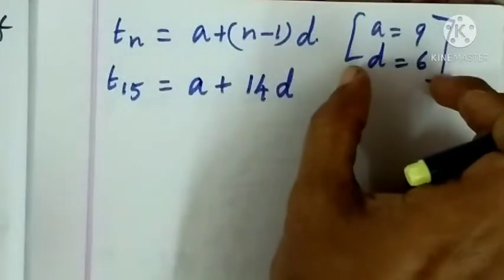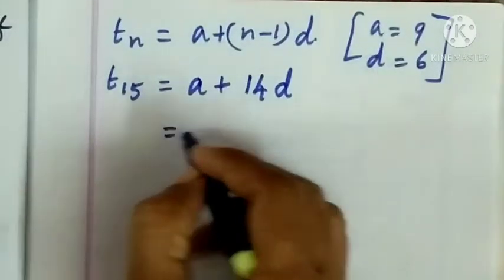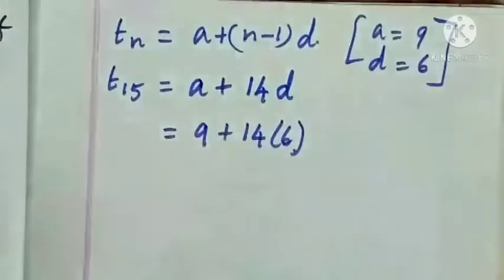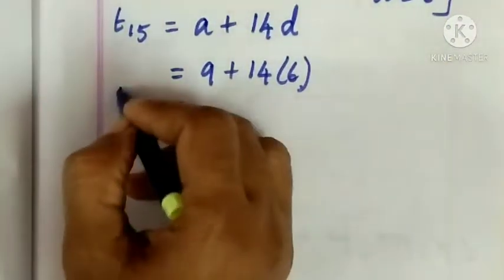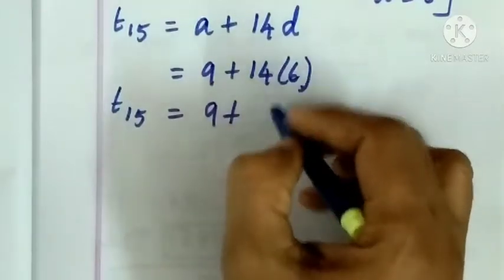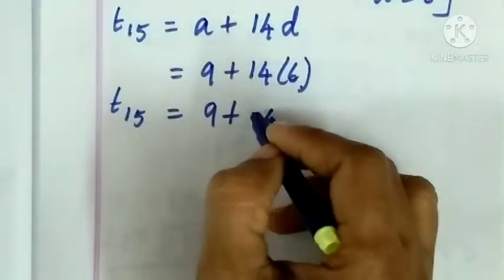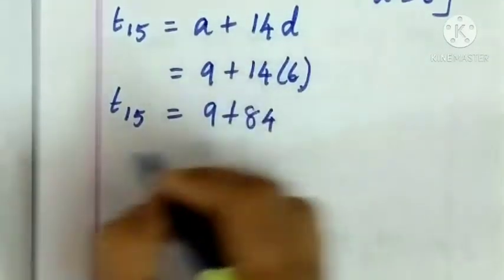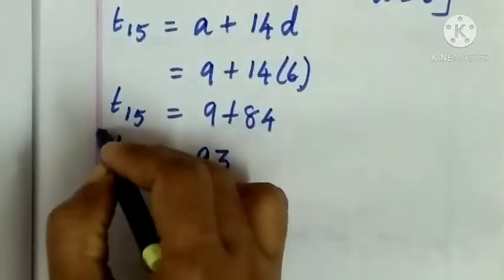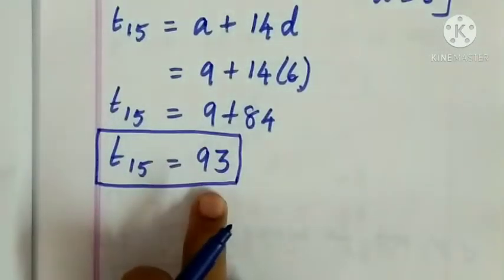Applying the values we get 9 plus 14 into 6. Simplifying, 6 4s are 24, remainder 2, 1 6 is 6, 6 plus 2 is 8, so 84. T15 is equal to 9 plus 84, which is 93. The value of the 15th term is 93.